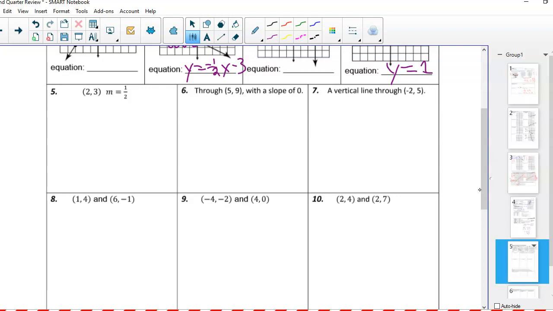Right. For this next section, we need to find our slope and we may need to find our y-intercept. So we can either do 2 of these and 1 of these, or 2 of these and 1 of these.